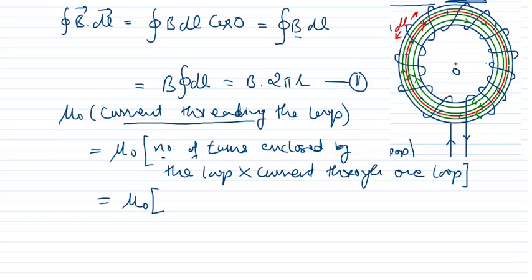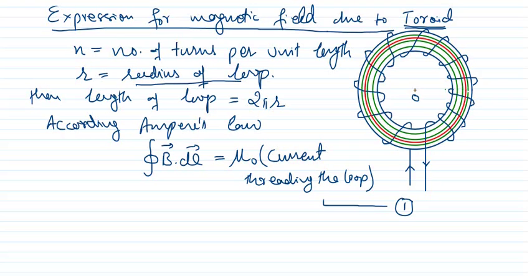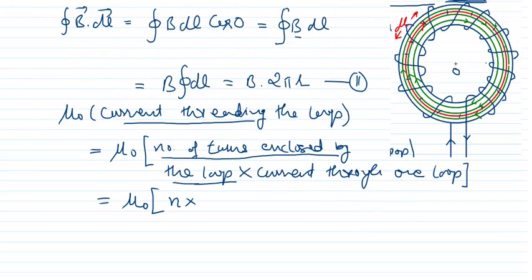now what is the number of turns enclosed by the loop? That can be found by number of turns per unit length into length of the loop. I think you must remember that I have written here the length of the loop is 2 pi r. So therefore the number of turns enclosed by the loop is equal to number of turns per unit length into the length of the loop, into the current through one turn.